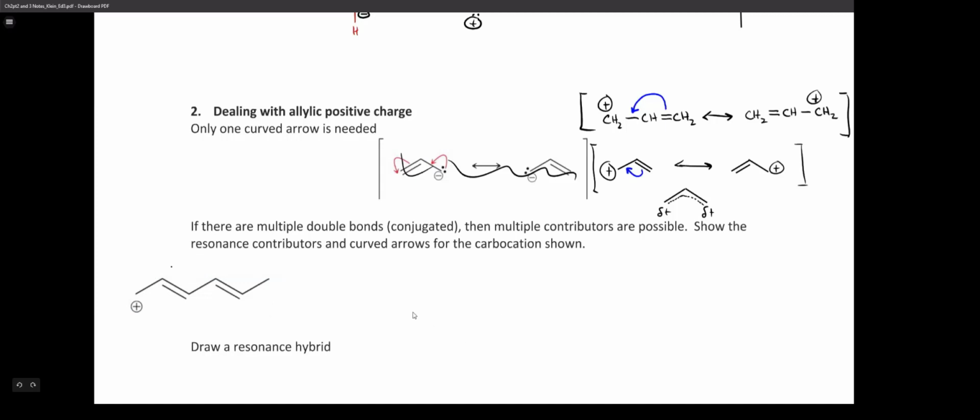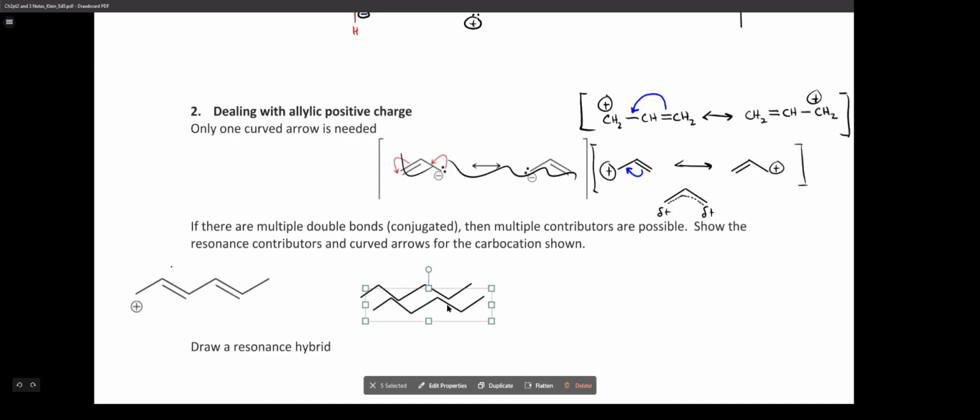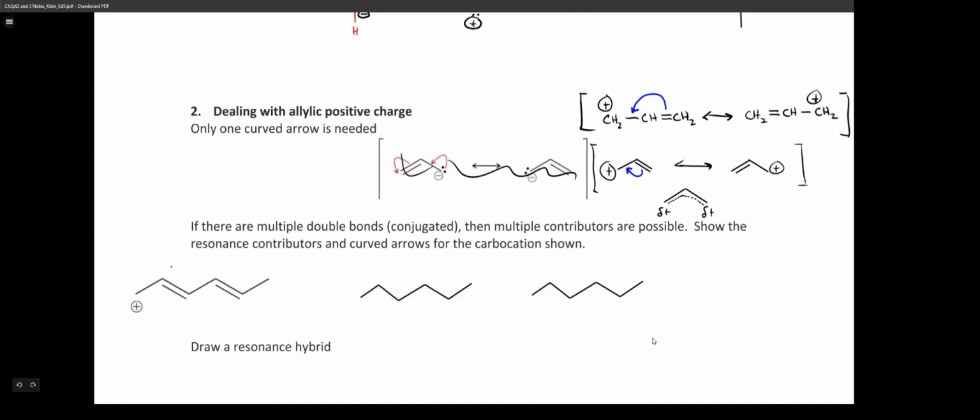Okay, so same general idea here. 1, 2, 3. Not beautiful, but it'll do. Okay, so let's take a look at what we can do.